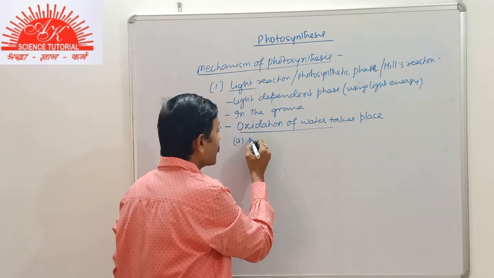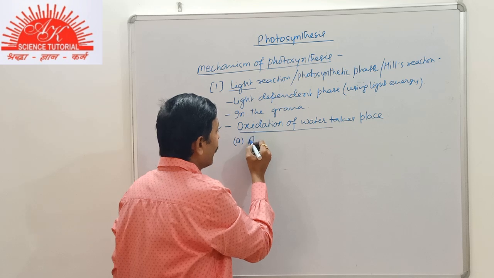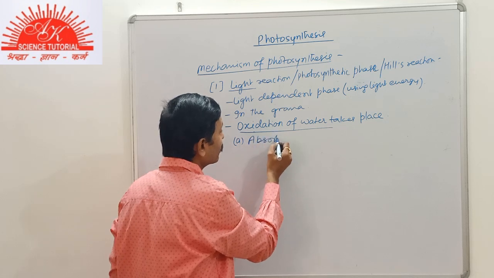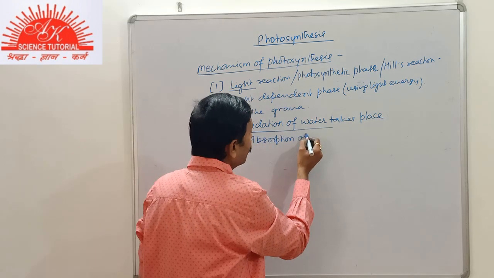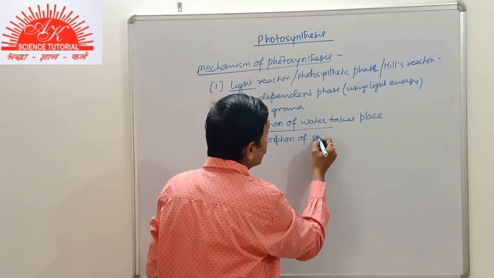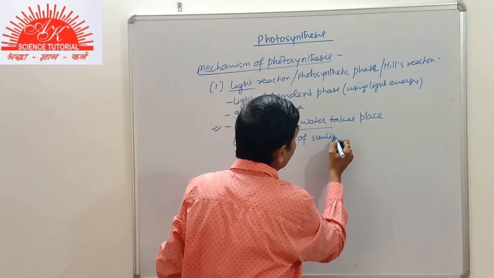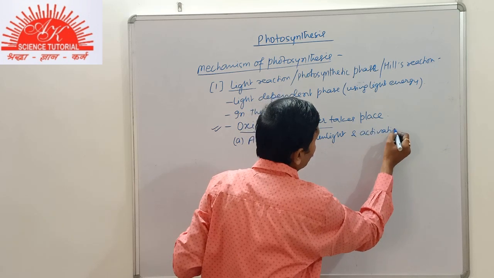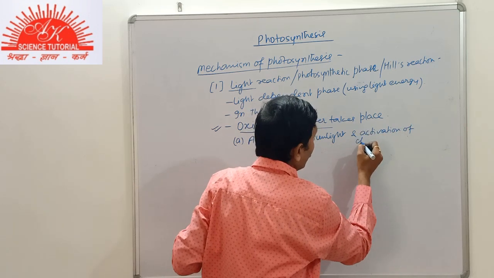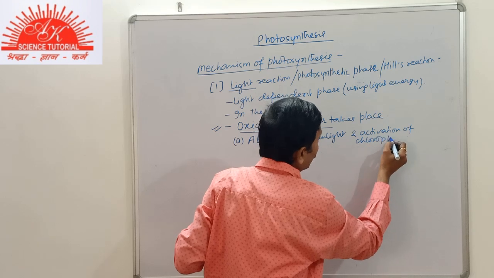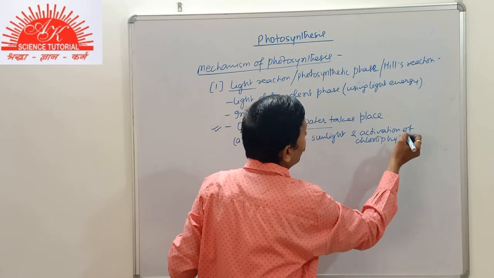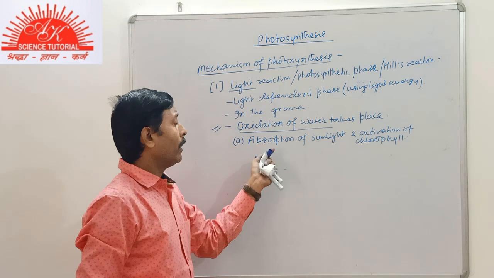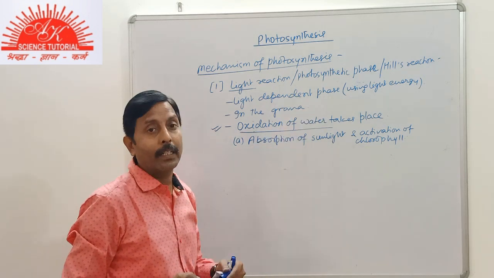So the first step is the absorption of sunlight and activation of chlorophyll. That is, in general, chlorophyll remains inactive, but when it absorbs sunlight, it becomes active.